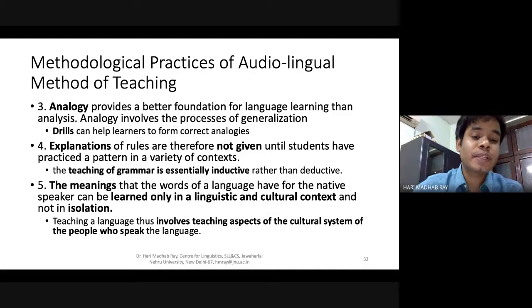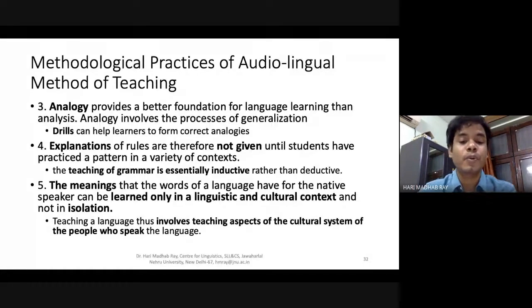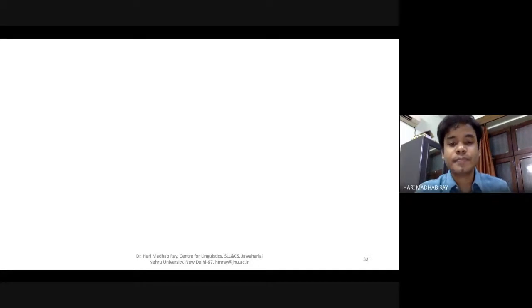The teaching of a language does involve teaching aspects of the cultural system of the people who speak the language, and also the culture. The culture and a language are integrated, part of it. You see, so that's what.